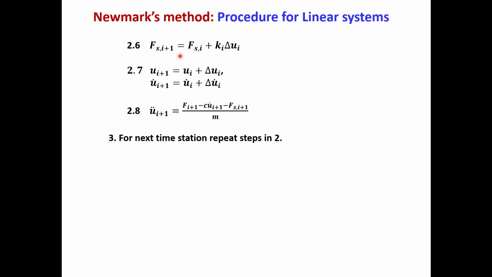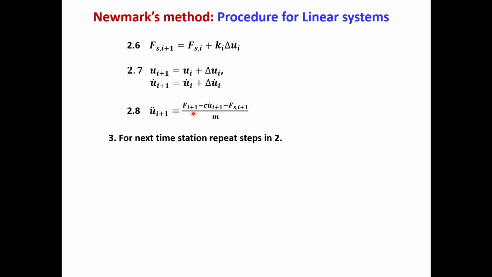At the end of this much analysis, you update your displacements and velocity. New displacement ui plus 1 is previous displacement ui plus increment in the displacement delta ui. New velocity u dot i plus 1 equals previous velocity u dot i plus increment in the velocity delta ui dot. The new acceleration is obtained from the equilibrium equation.